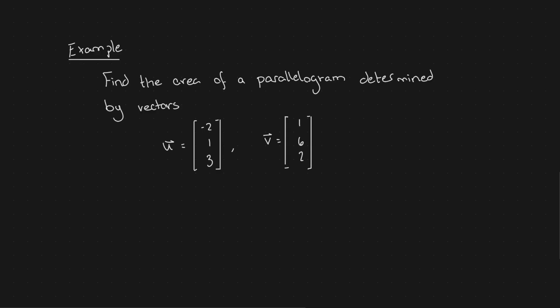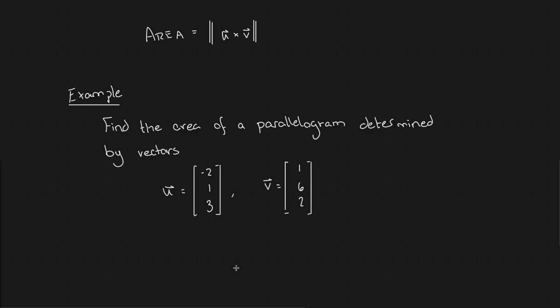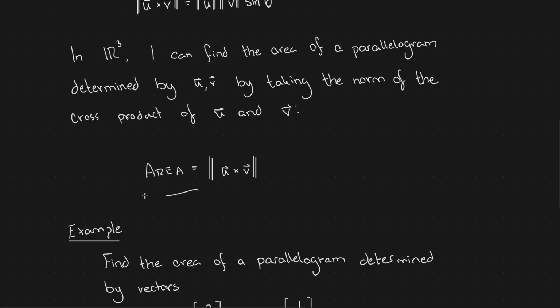Okay? So all we have to do is take the cross product of these two vectors, then take the norm of the cross product. That is going to give me the area of the parallelogram.